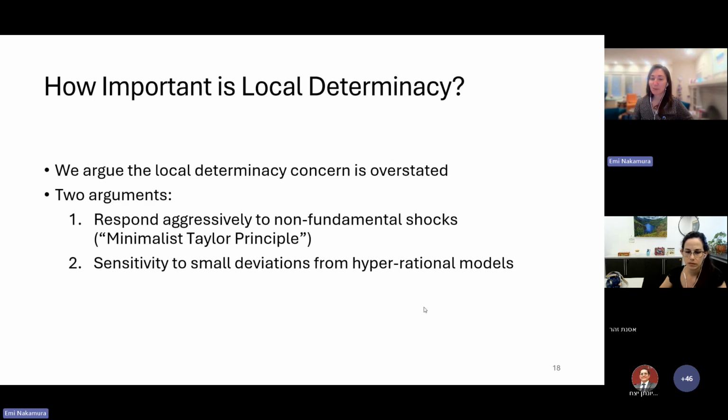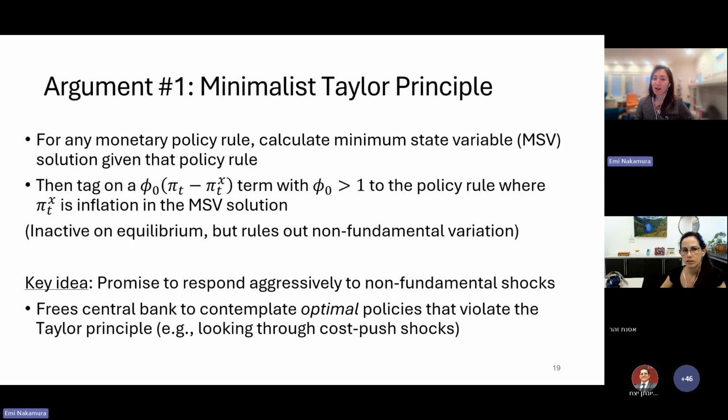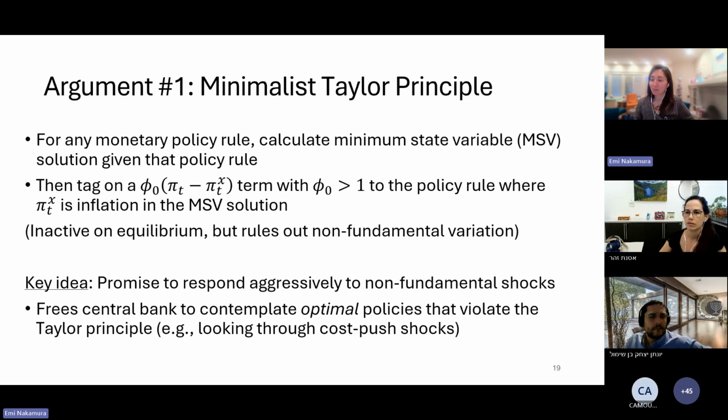But the assumption that people are so incredibly rational about the future turns out to be very important in terms of this local indeterminacy concern. And even when you deviate epsilon away from that assumption, it turns out that this local indeterminacy concern really falls apart. Okay, so let me talk briefly about these 2 arguments.